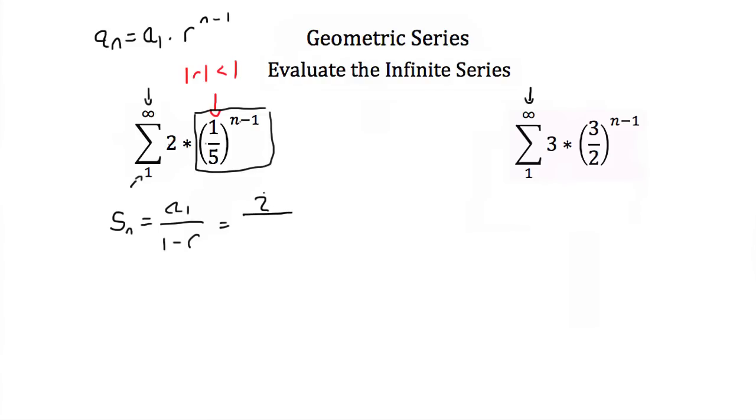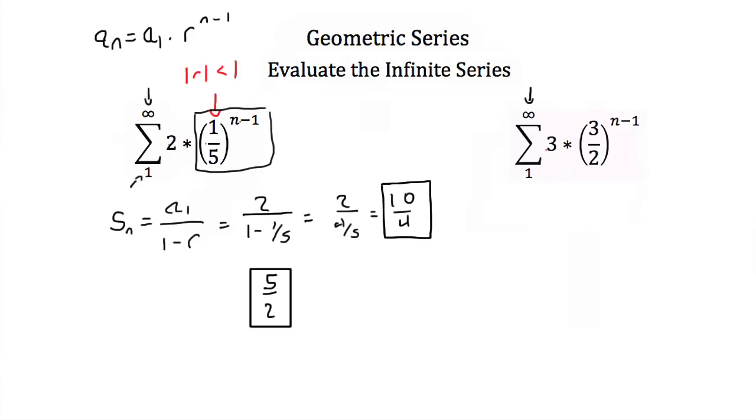Take 2 and divide it by 1 minus our common ratio, which is 1/5. And this becomes 2 over 4/5, or 10/4. So this infinite series will converge to the sum of 10/4, or you can think of that as 5/2.